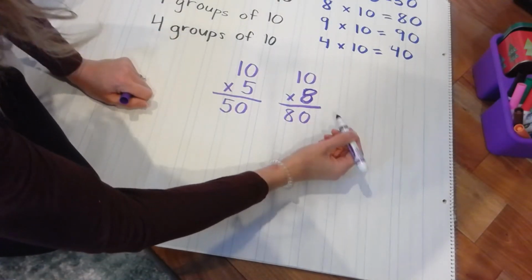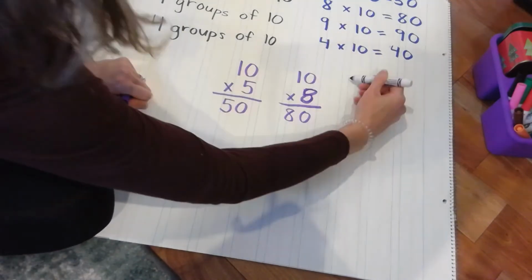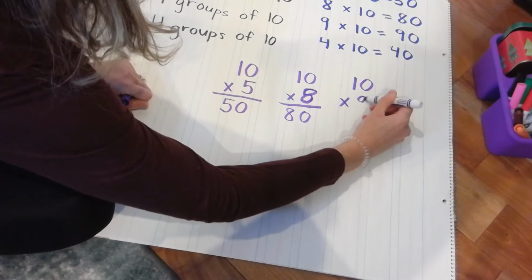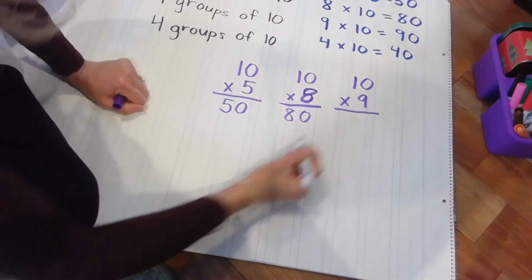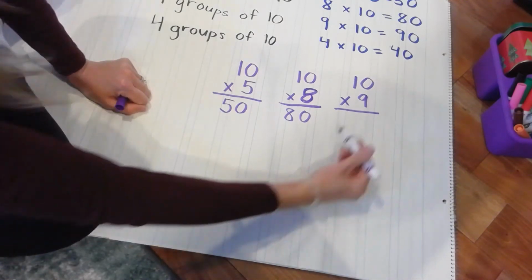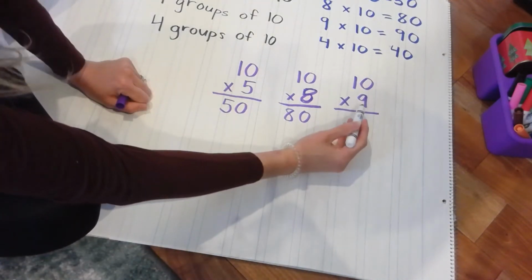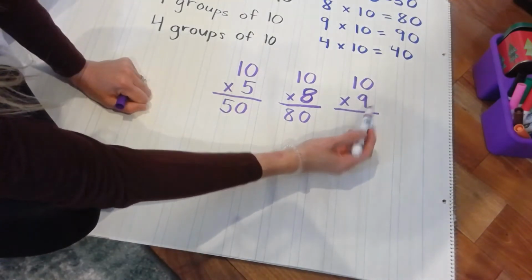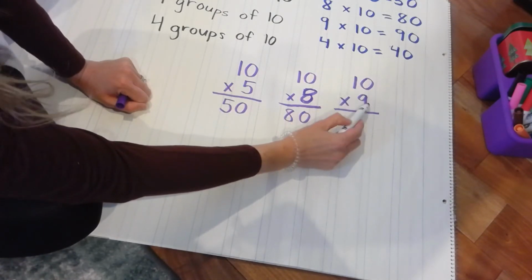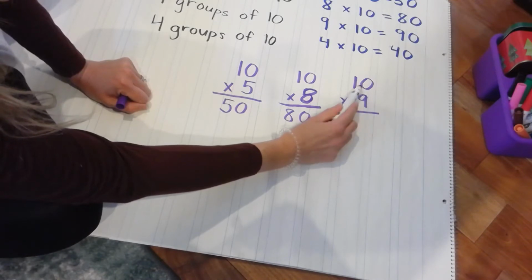And then over here, 9 times 10, same thing as 10 9 times. Or you could read it as 10 times 9. All ways are correct. Unlike with subtraction, where you can only read it top to bottom, here you can read it 10 times 9, or 9 times 10.